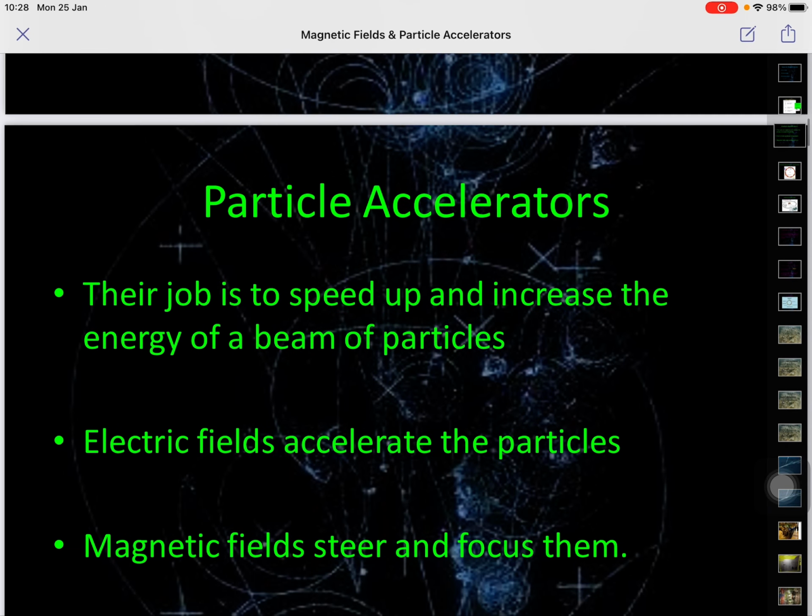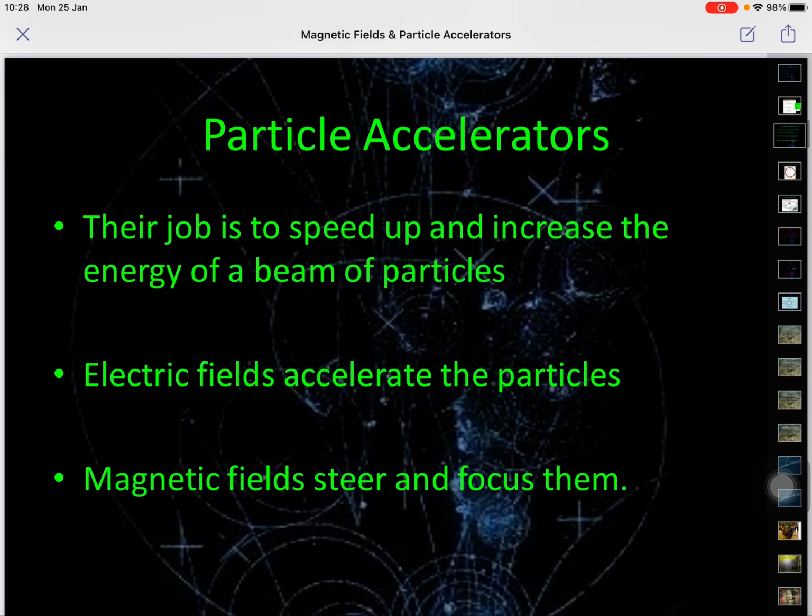Moving on. Particle accelerators. The purpose of this subtopic is to learn about how particle accelerators work. If you were in school just now, myself and Mr. McFarlane would no doubt be boring you with hours and hours of talking about CERN, which we were lucky enough to go to a few times. The reason we'd be talking about it is because CERN houses particle accelerators.